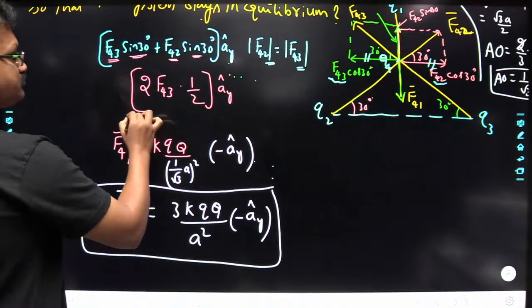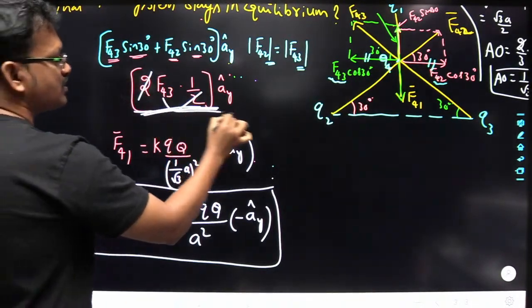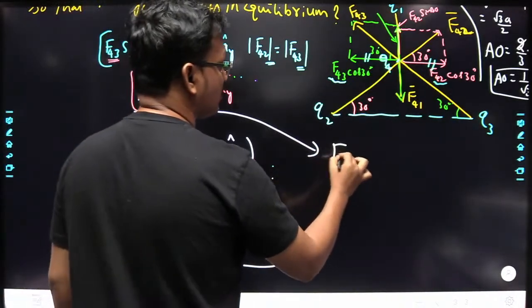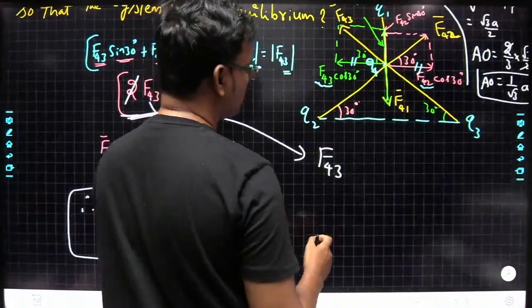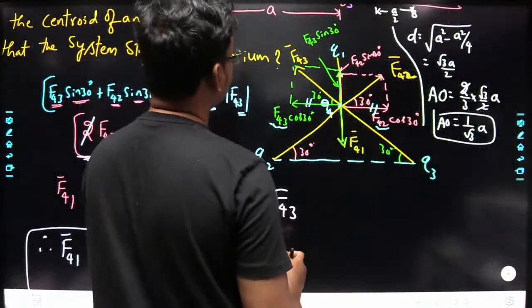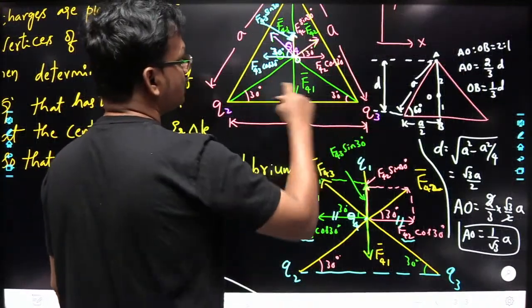Next, what is the value of F43, that is the force on Q4 due to Q3?